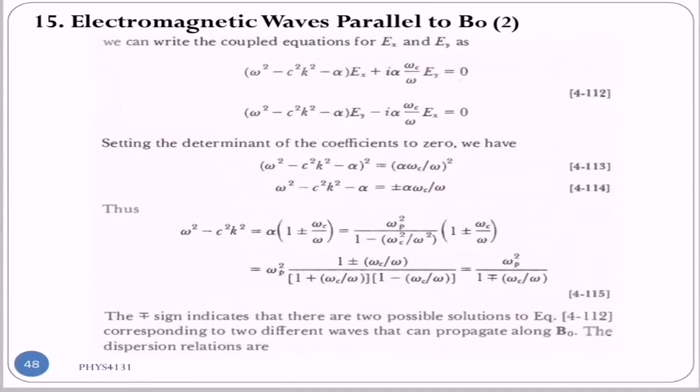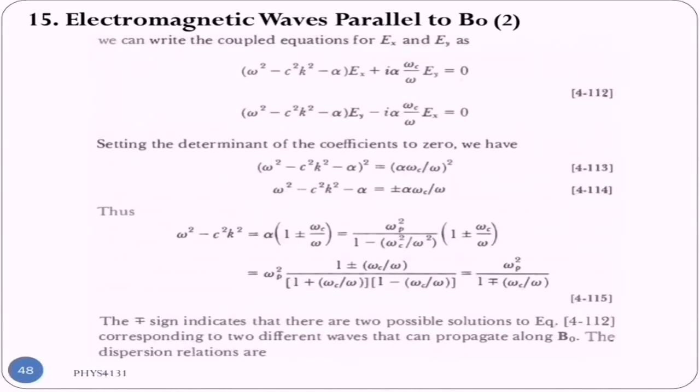The equations for Ex and Ey can be written as (omega squared minus c squared k squared minus alpha) Ex plus i alpha omega_c over omega Ey equals 0. Similarly, we have (omega squared minus c squared k squared minus alpha) Ey minus i alpha omega_c over omega Ex equals 0.